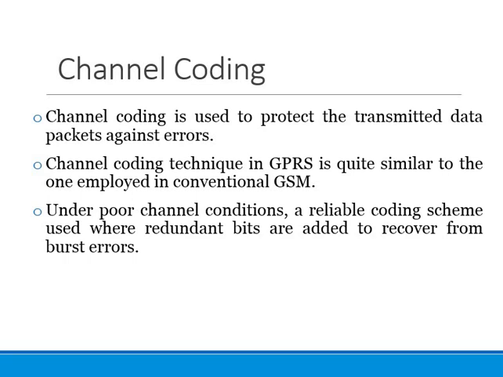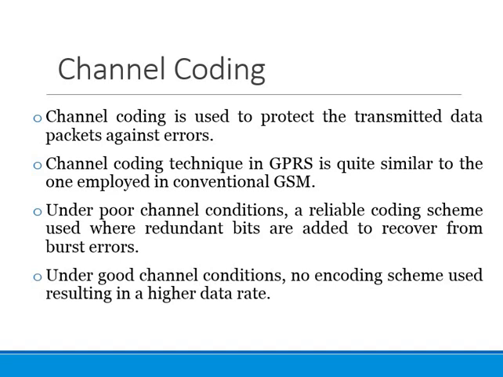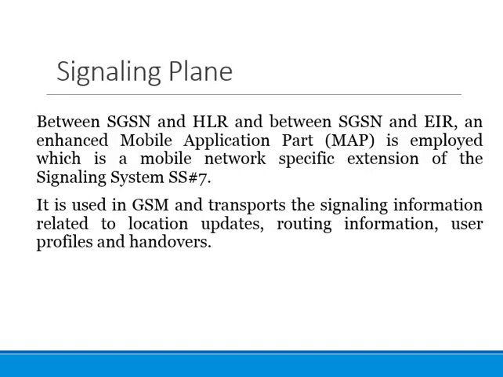Under poor channel conditions, a reliable coding scheme is used where redundant bits are added to recover from the burst error. And under good channel conditions, no encoding scheme is used and it results in a higher data rate.